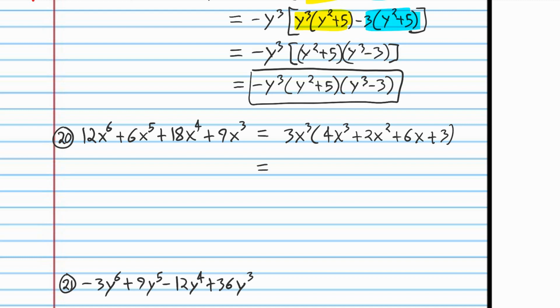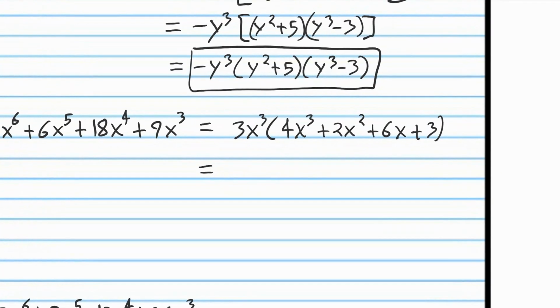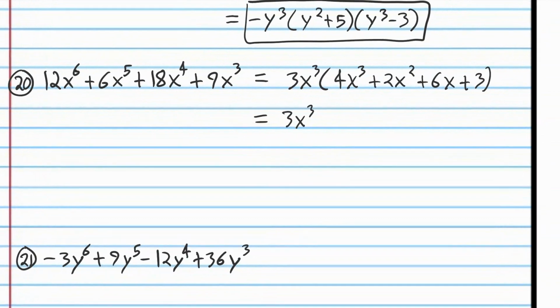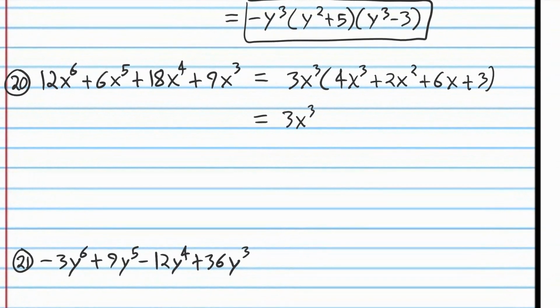And I need to make sure that I did that correctly, so I'm going to multiply back. And that looks right. So now I'm going to factor by grouping. Whoops, I'm going to try to keep that in the window, sorry.